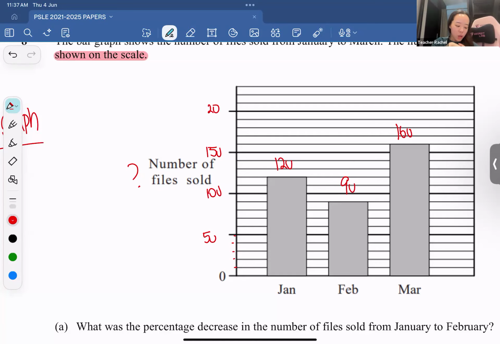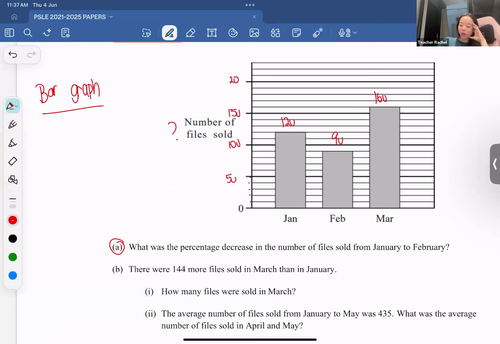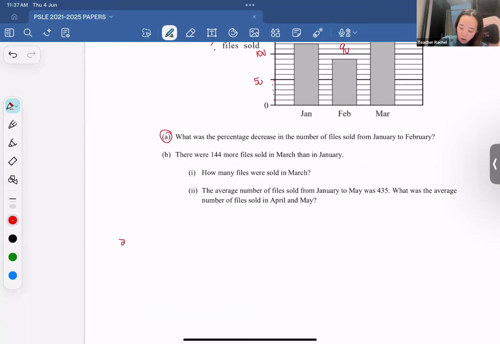Okay, so what was the percentage decrease? You realize that to calculate percentage decrease, I do not need to know the actual number, because it's just a percentage, like a ratio. So, can you recall, what is the formula for percentage decrease?